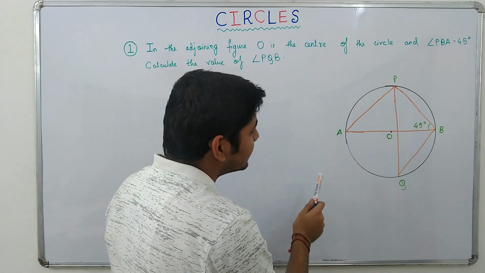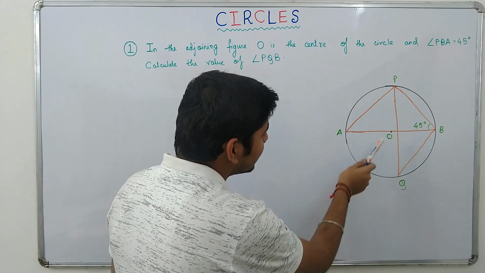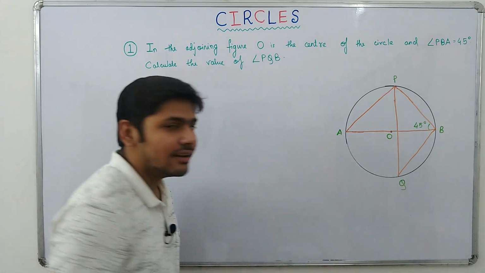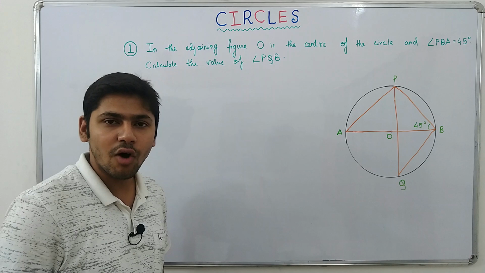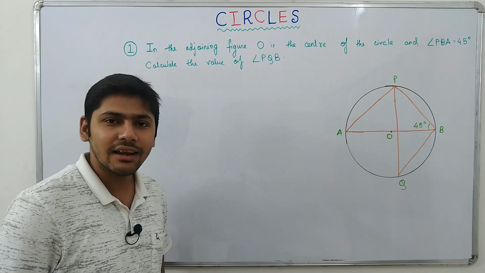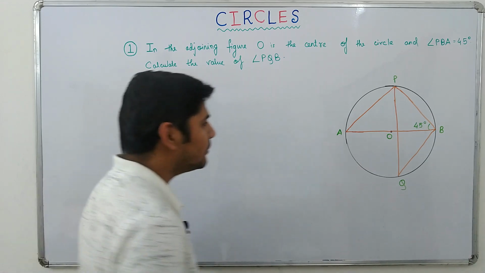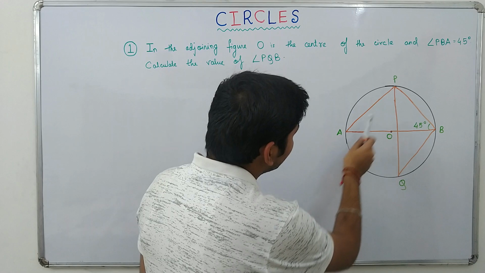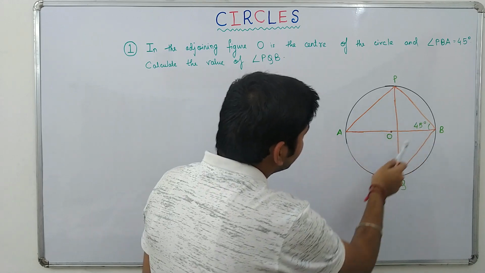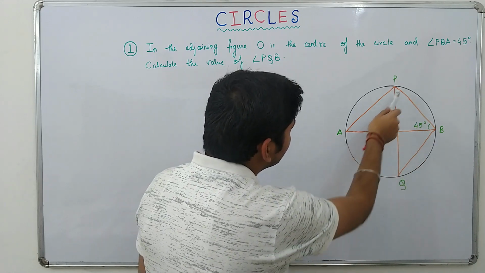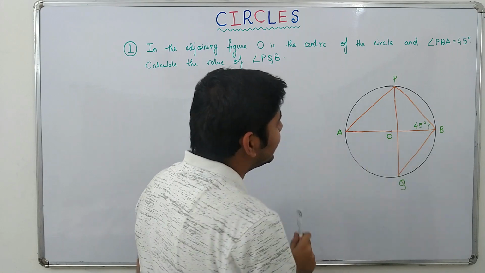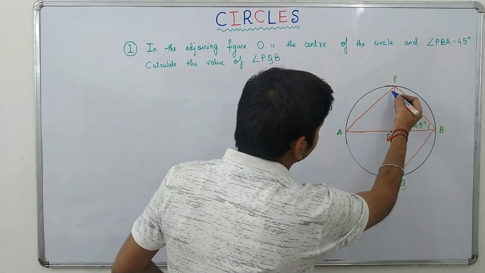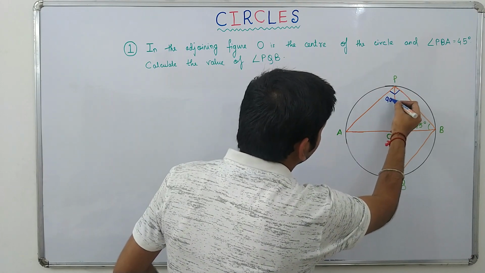Okay. Now, as AB is passing through the center of the circle, AB is the diameter. That means it divides the circle into two semicircles, this one and this one. And the third theorem that we studied today was angles in a semicircle are right angles. That means we have an angle over here in a semicircle, which is angle APB. So angle APB will be 90 degrees.